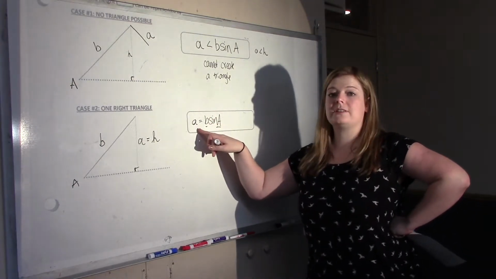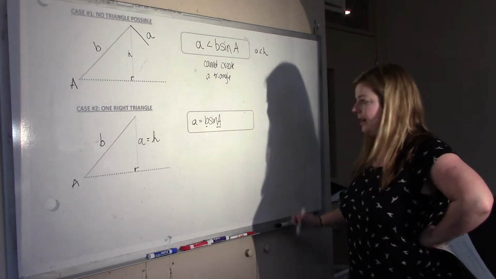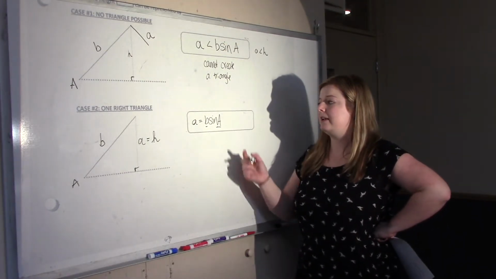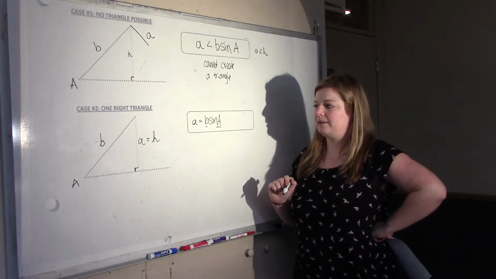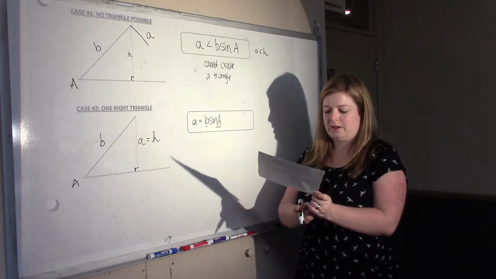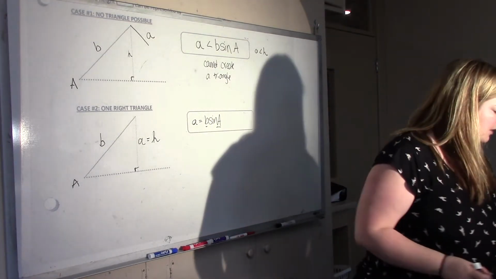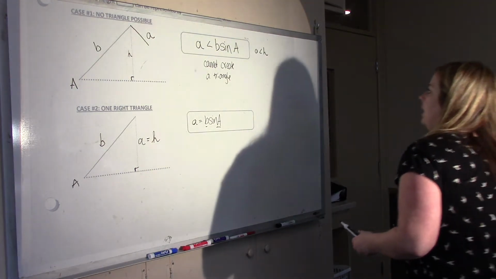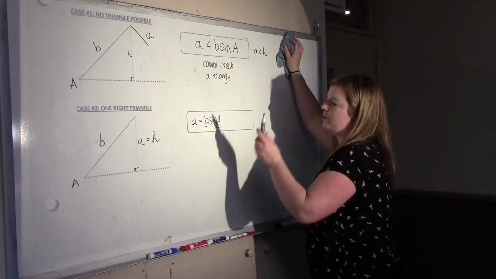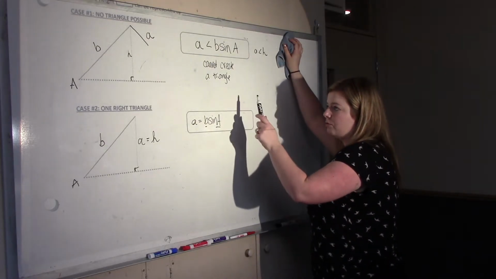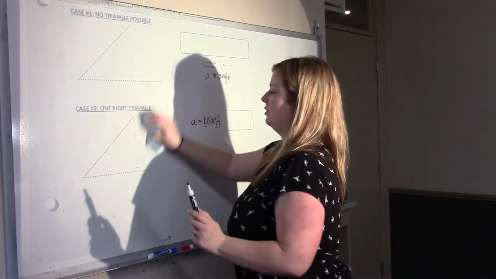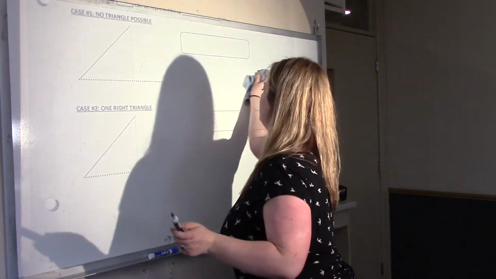If that's equal to the side length A you're given, then you can reason that it must be a right triangle because of this equality. So far, neither of these cases is ambiguous. In both of these cases, you can tell for sure that there's either no triangle or one right triangle. You just have to do a little bit of work to figure out which situation it is.